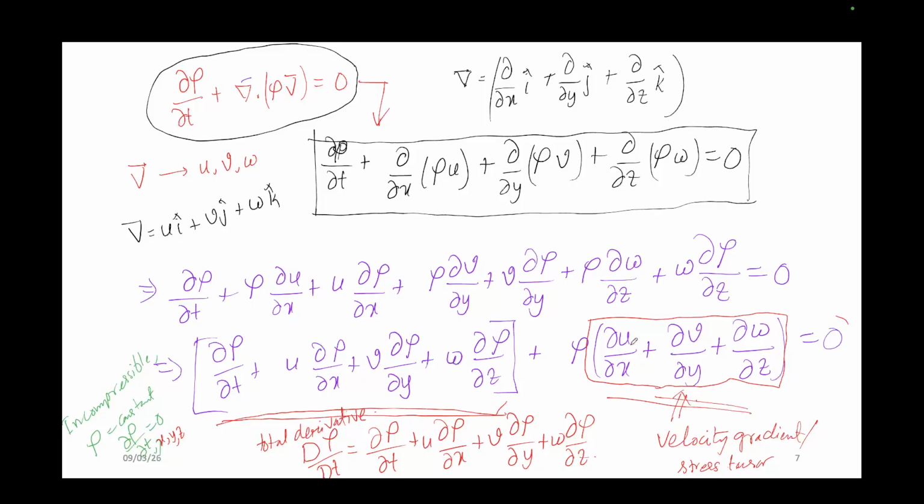So why is this formula required? If in a GATE question it is given that the fluid is incompressible, they will give the velocity, like v equal to 2x i plus 2y j plus 2z k, and you are asked to find accordingly.